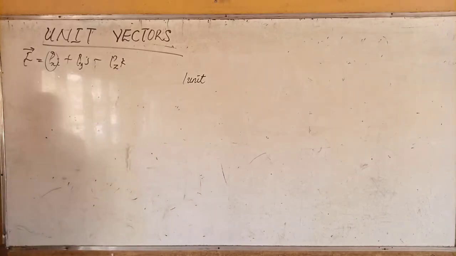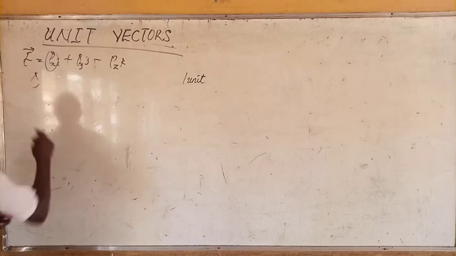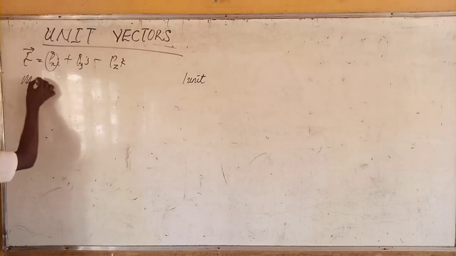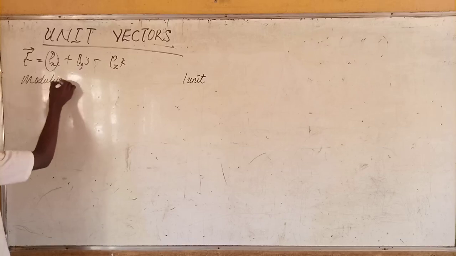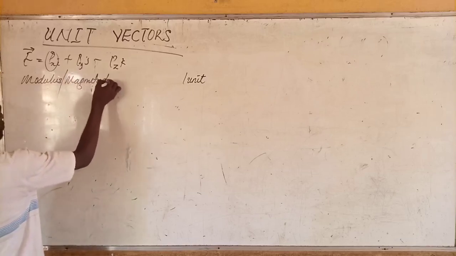All right. So now, how do we work with them? The first thing we should learn is this is how we denote them. The next thing is how to find the modulus or magnitude of a unit vector.